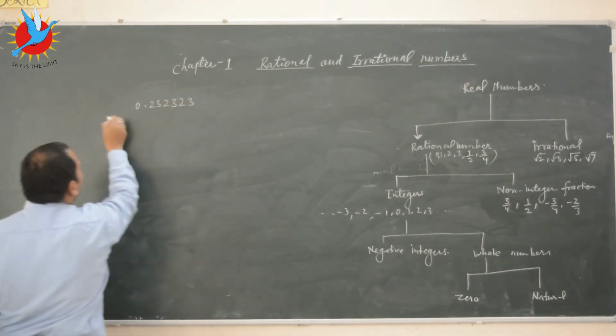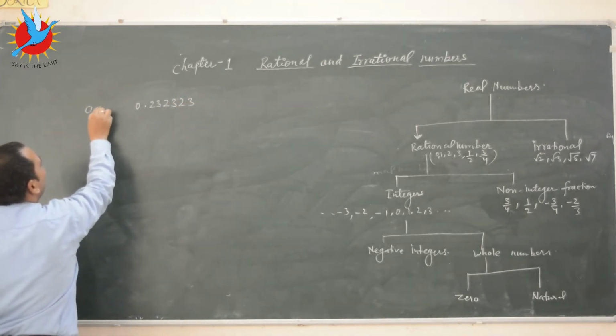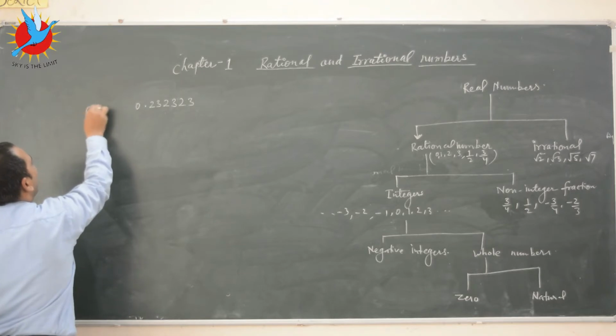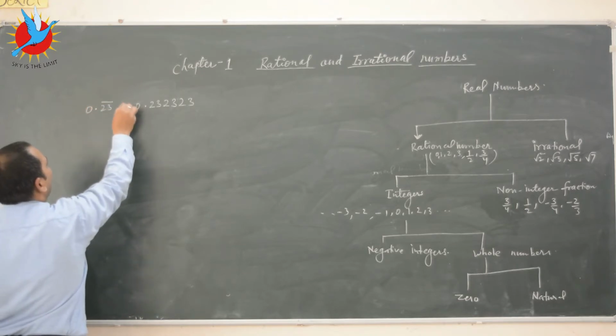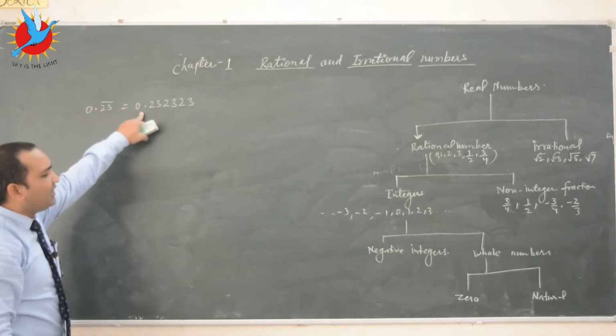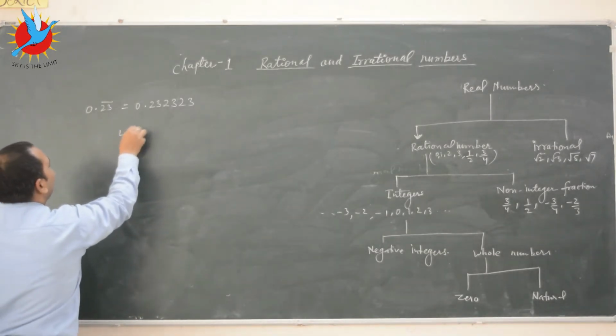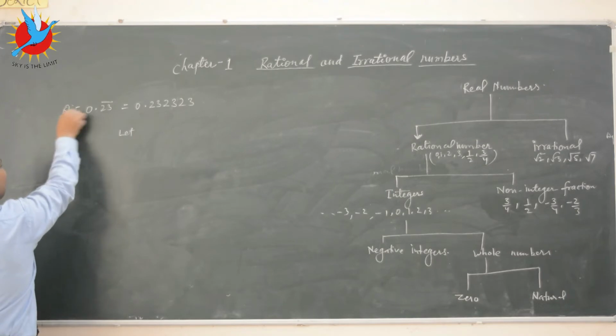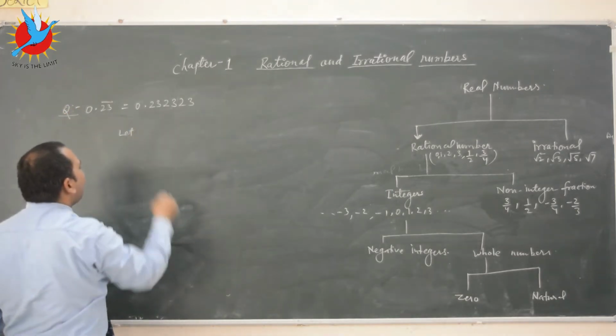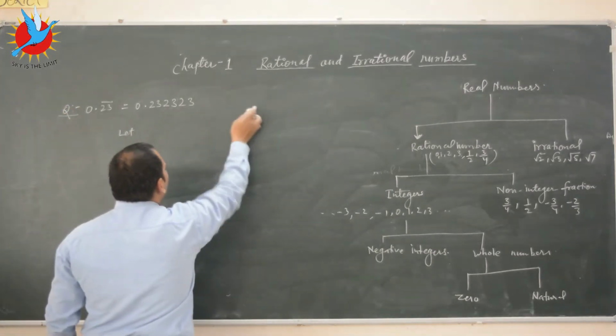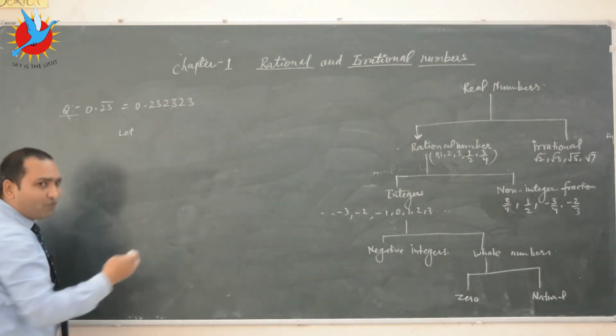Now 0.232323 can be written as 0.23 bar, and we have to represent this as a vulgar fraction. This is the question: represent this non-terminating but repeating decimal as a vulgar fraction.